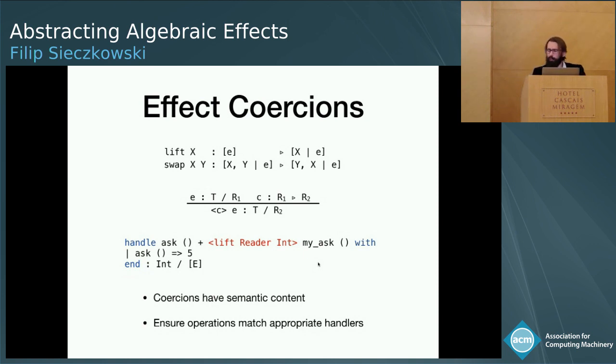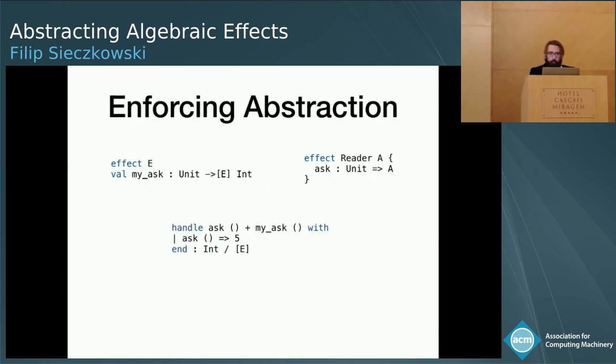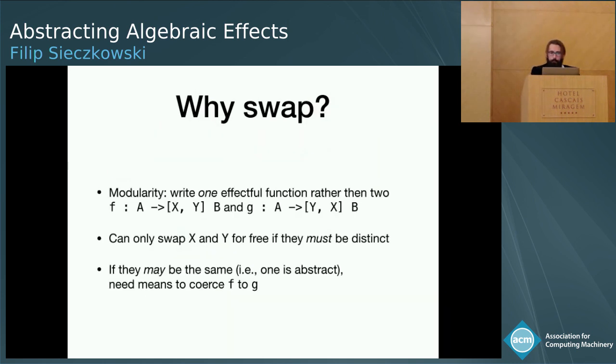Now, why do we need swap, though? Particularly since in last year's paper, we expressed swap using simply lift, right? I mean, it was a thing then. So it turns out that this is not the case here. In this language, we cannot express swap using lift because we needed to use a handling construct in order to express swap.